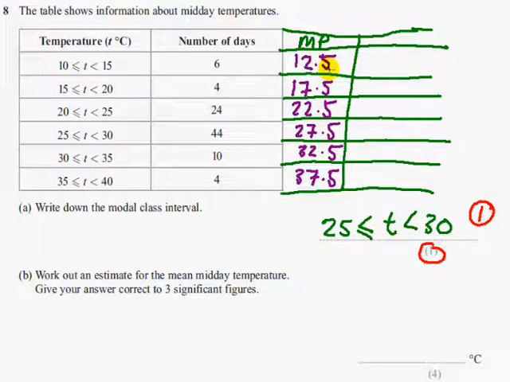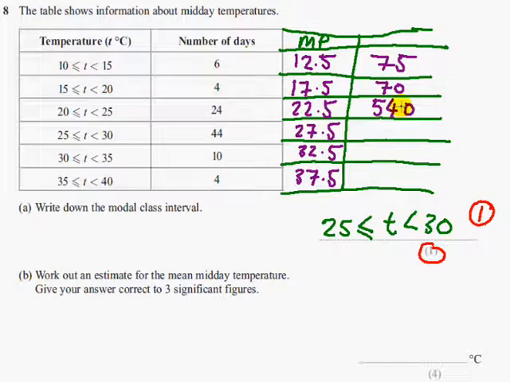Now if there were 6 days that were 12.5 degrees, that gives us a total, if you just multiply them through, of 6 times 12.5, 75 degrees. 4 times 17.5 gives you 70. 24 times 22.5 gives you 540.